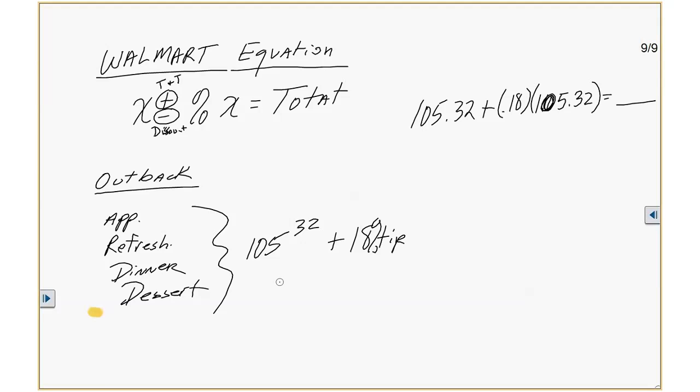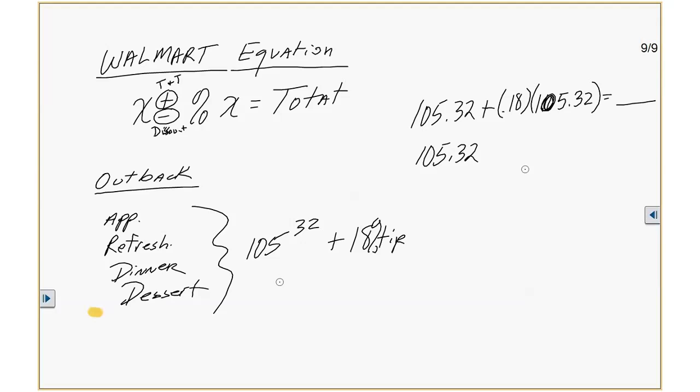Unless you're Rain Man, you're not going to be able to multiply 18% times 105.32, and that's what your calculator is for. Not to think for you, but to help you out, all right? Thinking for you is adding 6 plus 14, or 25 plus 31 in your calculator. That's thinking for you.